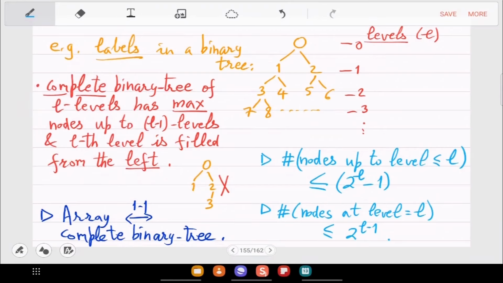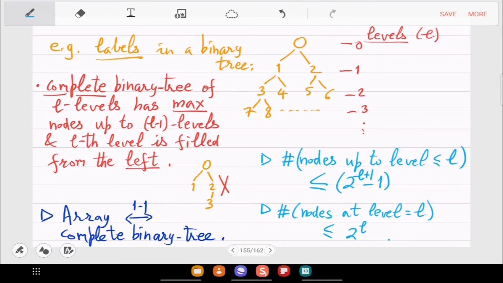So then these formulas, are they correct? Nodes up to level L minus 1. So for L it will be L plus 1. And this will just be L. Okay, yeah, this looks better.